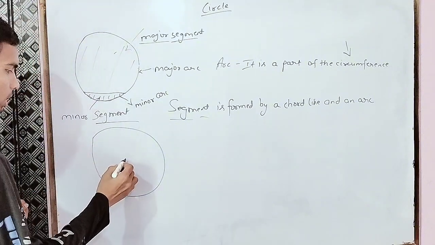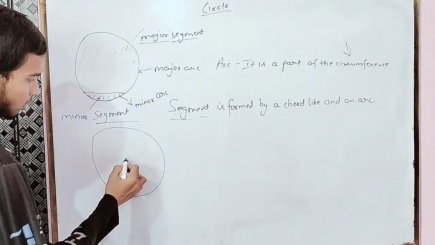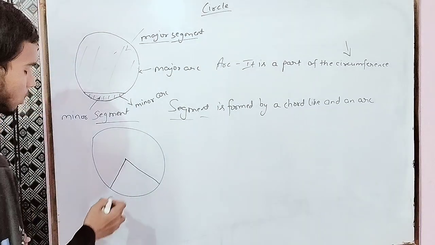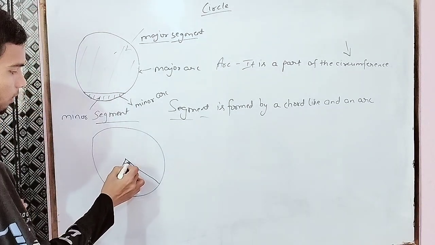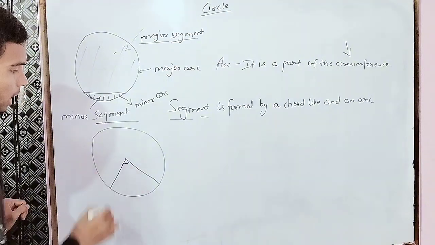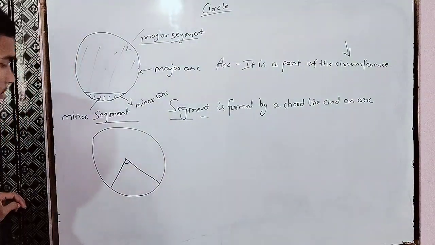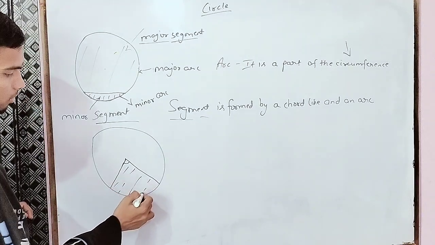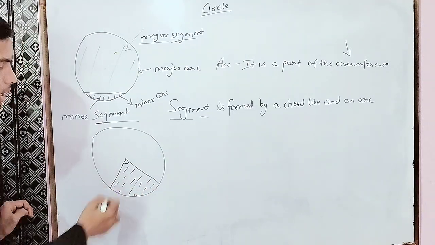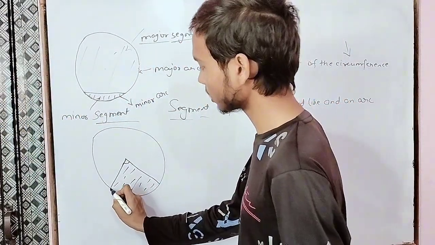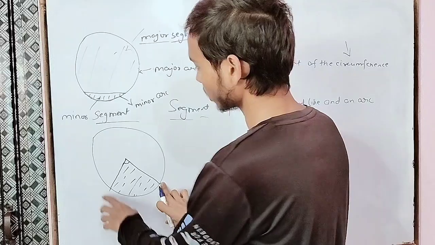Now, when it comes to sector, always remember a sector will be formed by two radii. And here the sector will form an angle at the center. So this area, I am talking about this area. Okay. So this area is formed by two radii, and also you can say here this is an arc.